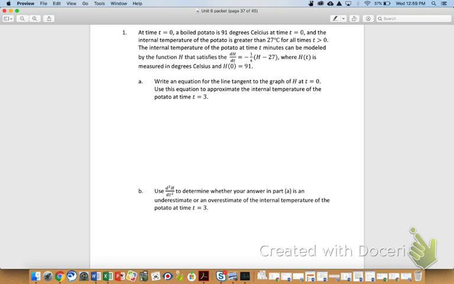It says write an equation for the tangent line to H. So what are the 2 things you got to have to write the equation of the tangent line? A slope and a point. So what you're attempting to do is you're trying to find the solution curve. You're trying to find the equation for the curvy thing that goes along with H. And it does not ask you to do that.